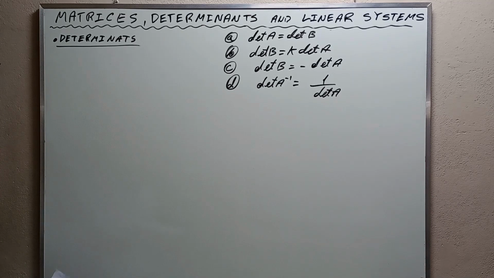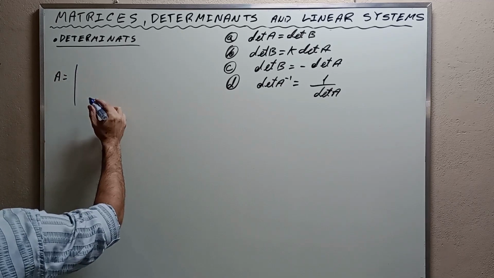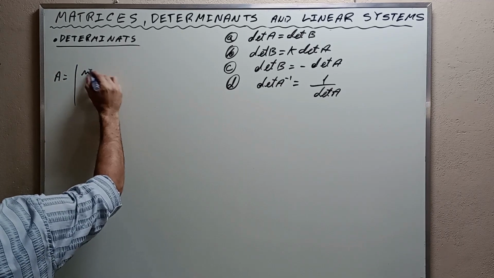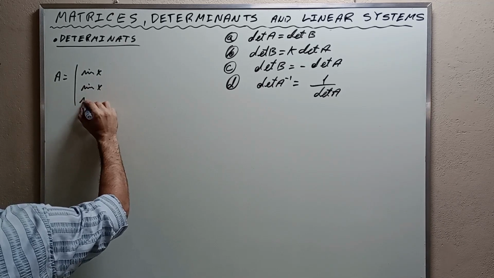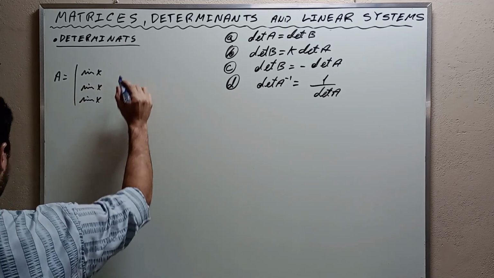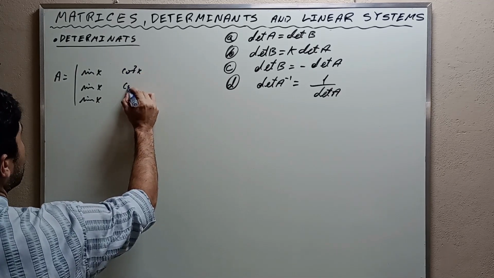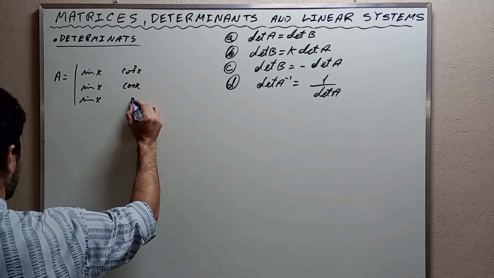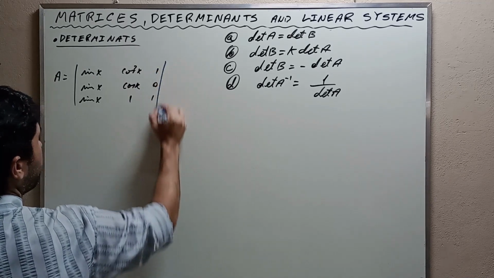Find the determinant of the inverse of A. Let's suppose that A is sin x, sin x, sin x, cosine squared of x, cosine x, 1, 1, 0, 1.